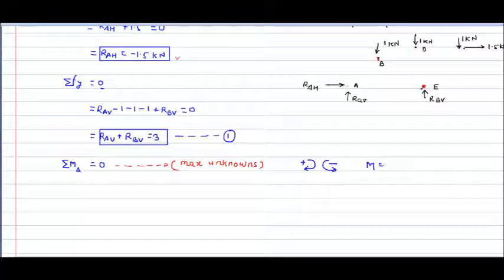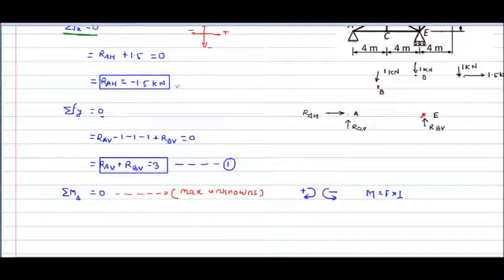So always check which is the fixed point and accordingly take all those things. Now in this equation I have selected this point A as the fixed point. Now I have to take the moments of all forces. Before taking these moments, whatever forces are passing through that point, the moment because of those forces will be 0, so we need not take the moment because of those forces.